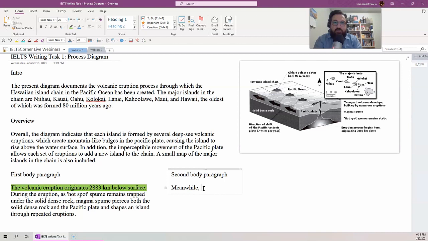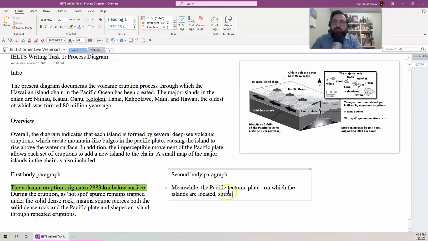So we can say, meanwhile, the Pacific tectonic plate on which the islands are located shifts.